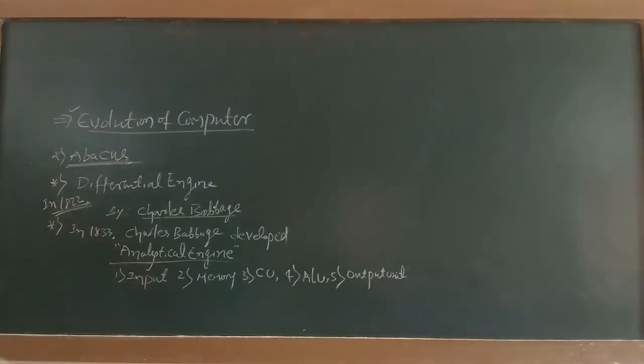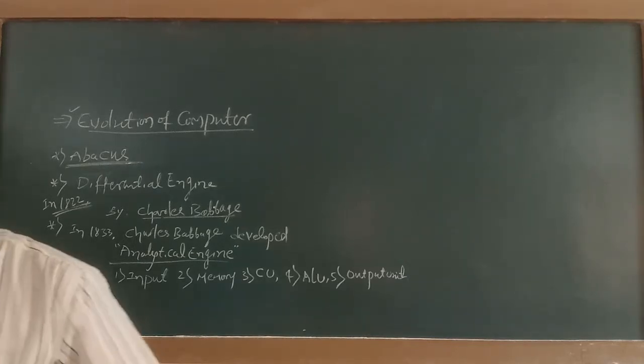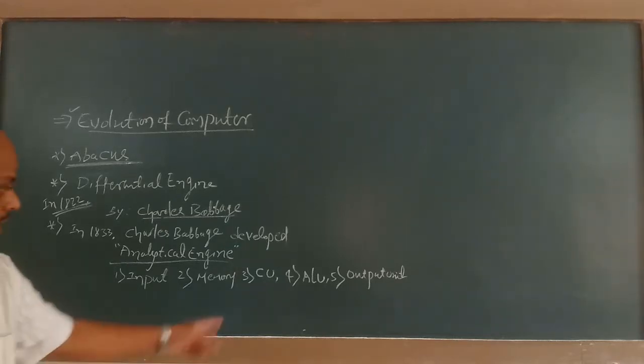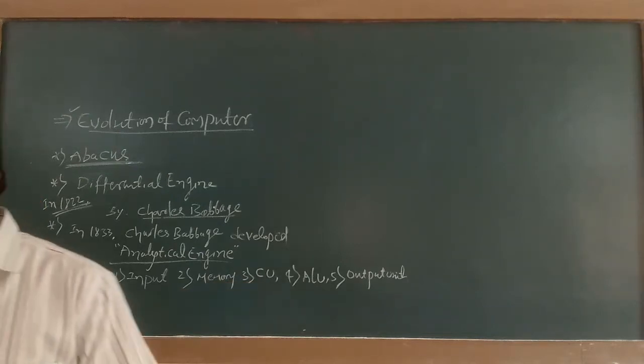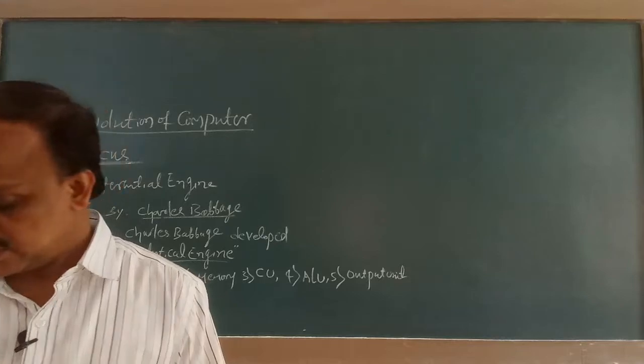In 1833, Charles Babbage developed the analytical engine. This machine consists of 5 functional units such as input unit, memory unit, control unit, ALU, that is arithmetical and logical unit, and one more, output unit.